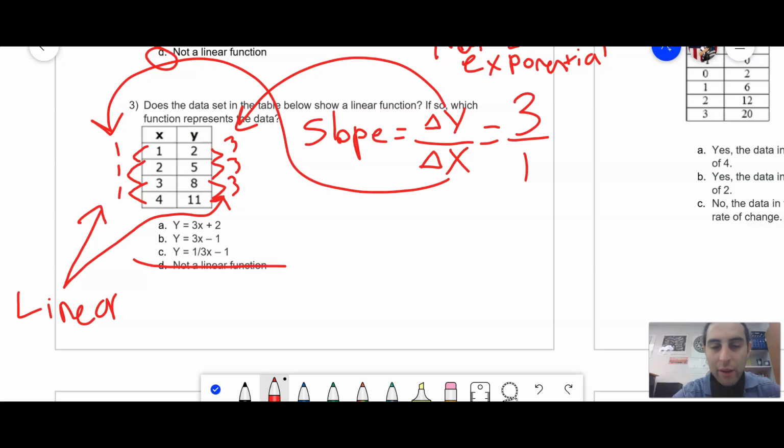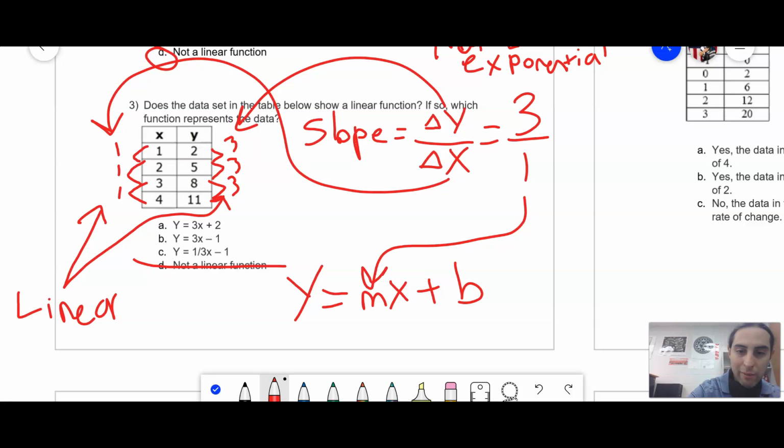So I know that when I write my equation, y equals mx plus b, my m is going to be 3 over 1, which is the same thing as just saying 3, right? Okay, so I can find my slope doing the change in y over the change in x.